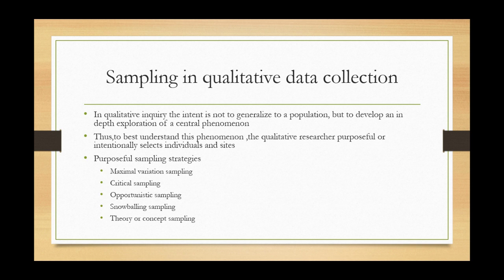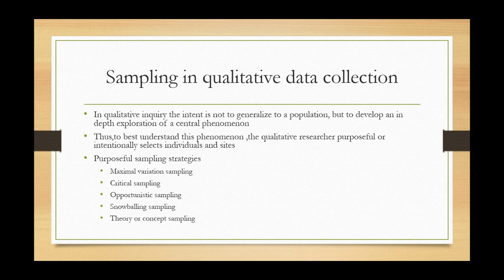This snowballing applies in certain research situations where you may not know the best people to study. It may be because of unfamiliarity with the topic or the complexity of some events. So snowballing applies to a situation where you do not know who to consult to get such information.